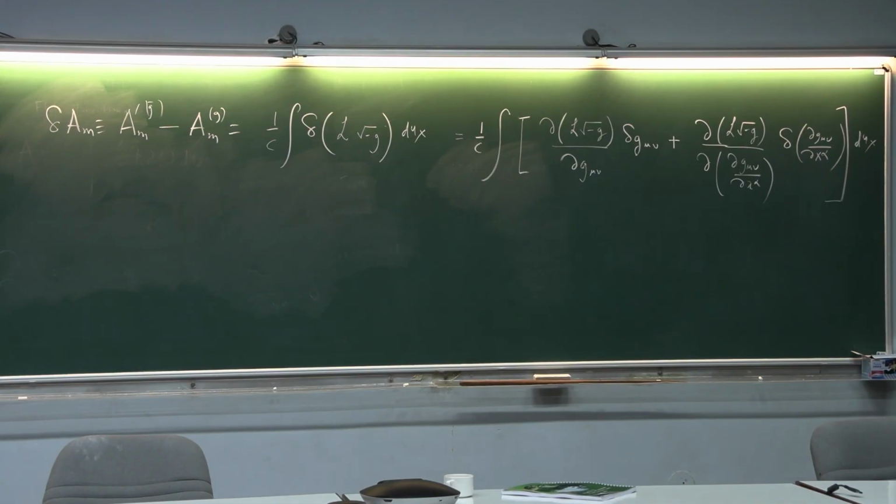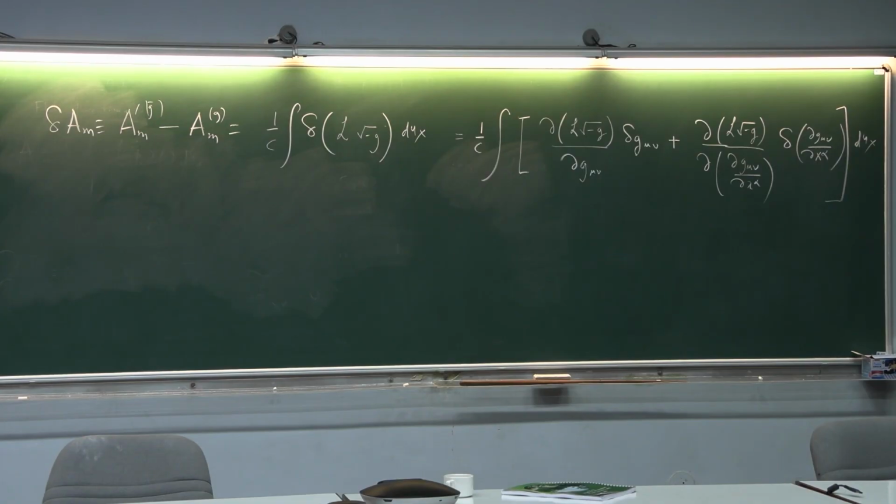Then I found out, no, it's a trivial thing. Very often you say when you are doing variation that delta q i dot is the same as d by dt of delta q i. It sounds very mysterious, but it just follows. I'll show it for a general case. So we have that result.